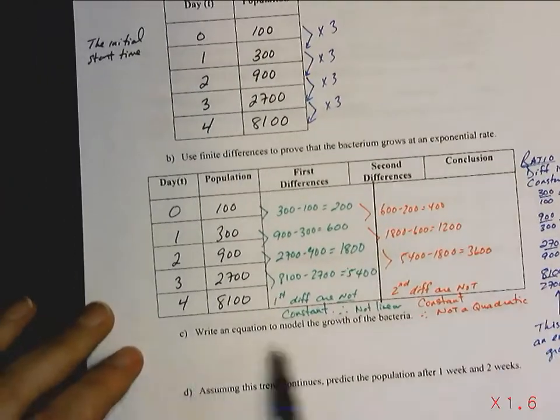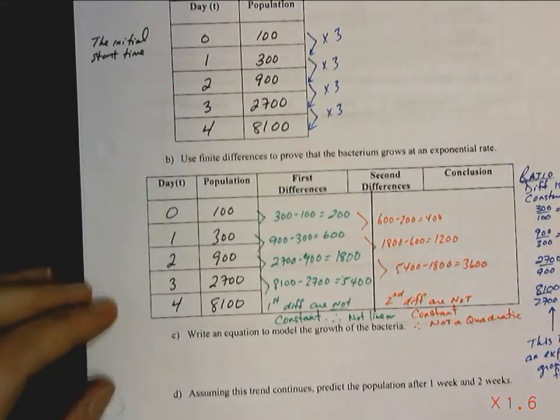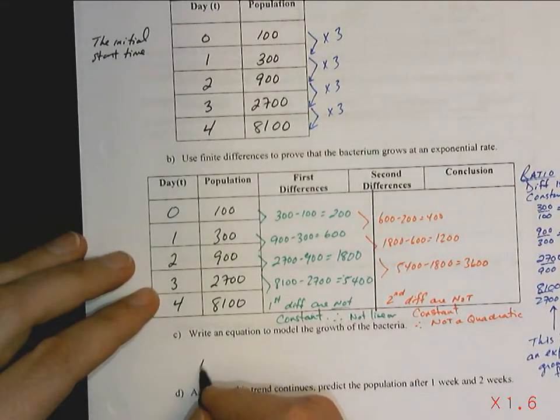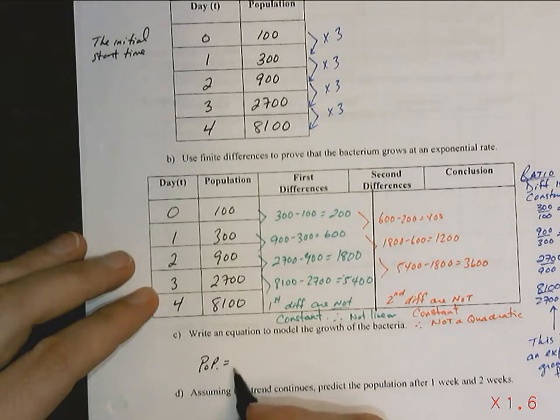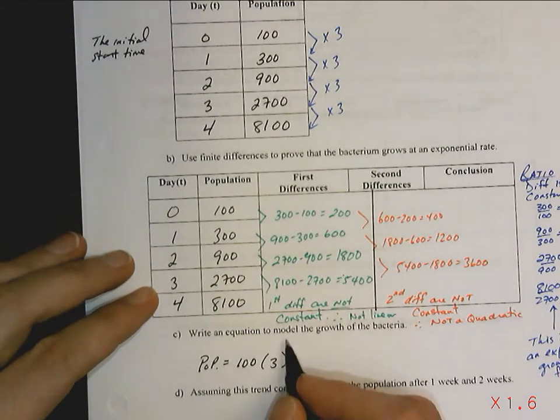So now it's going to ask us for an equation. I'd like an equation to model the growth of this bacteria. So you could say that the population equals however much you start with, 100, and then it's going to triple for every number of days.